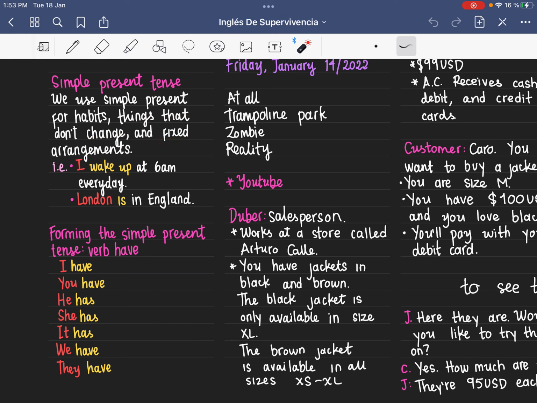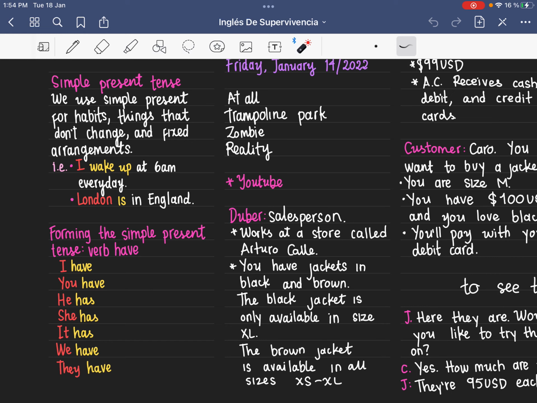Usamos el presente simple para hábitos, cosas que no cambian nunca o no cambian en general o no esperemos que cambien en el presente próximo. Y fixed arrangements sería arreglos que tenemos que ya hemos acordado o acuerdos que ya tenemos.